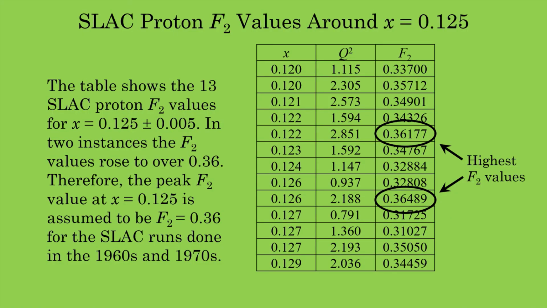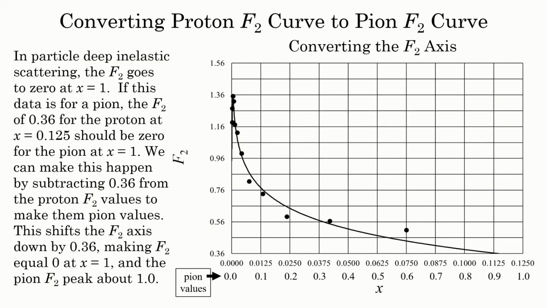Surveying the slack proton F2 values in the vicinity of x equals 0.125 reveals that the peak F2 is about 0.36. This means that the proton's F2 equals 0.36 is the pion's F2 equals 0. The simplest way to make this conversion is just to subtract 0.36 from the proton's F2 value at x equals 0.125.